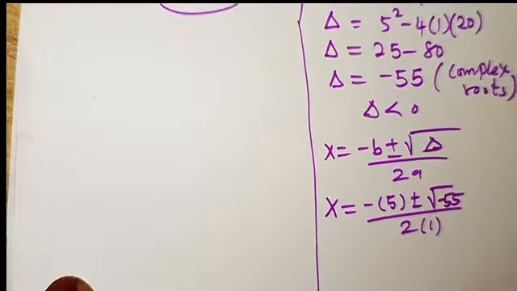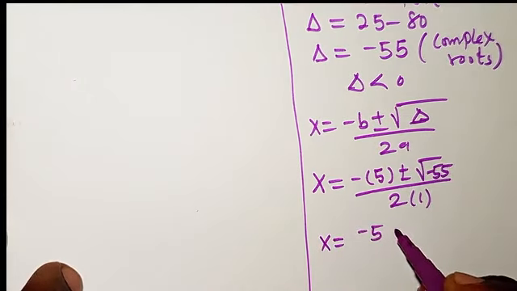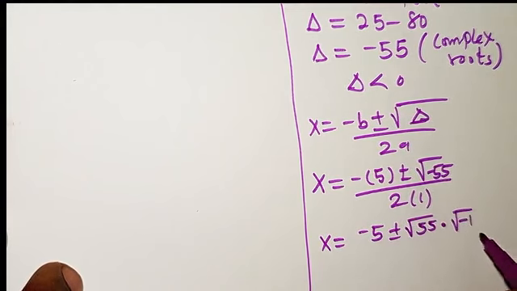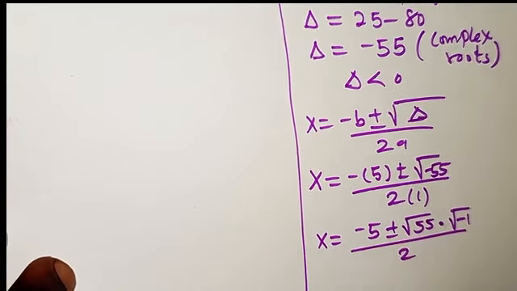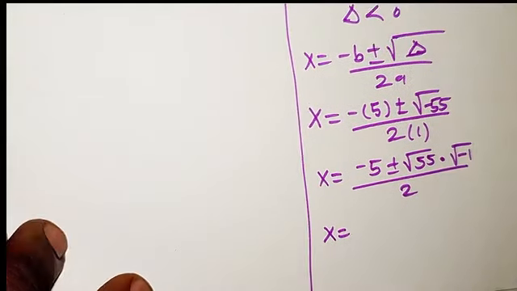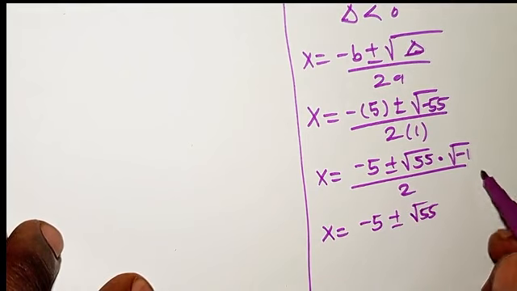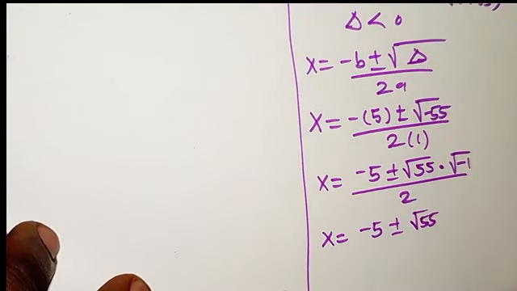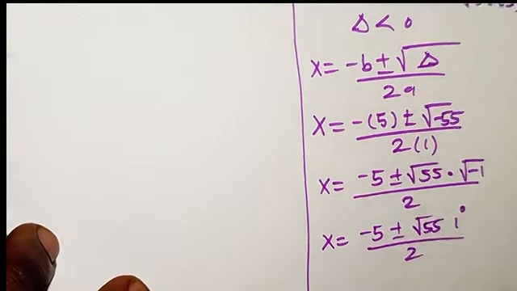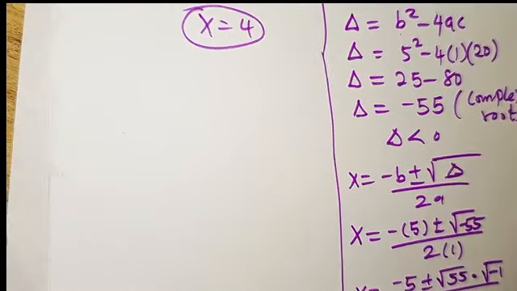So now you're going to have x equals minus 5 plus or minus root of 55 multiplied by root of minus 1, over 2. Are you there? So we have x equals minus 5 plus or minus root of 55, and this root of minus 1 is the same thing as i, divided by 2.